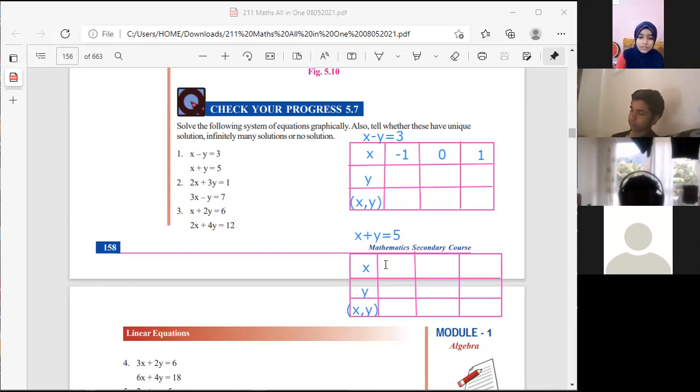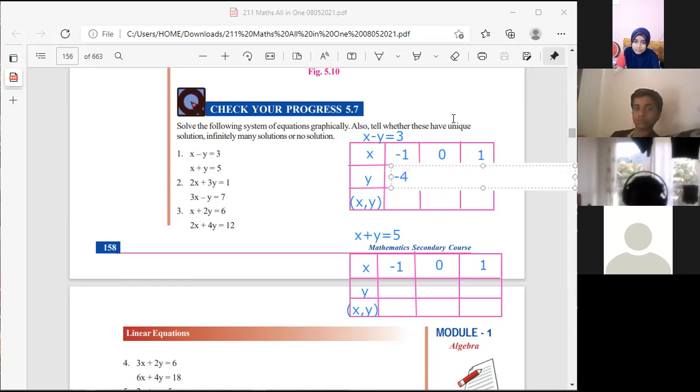I will take -1 here, also 0 and 1, and then I will try to find the y coordinates. So -1 minus y is equal to 3. So minus y is equal to 3 plus 1, so -4. Will I get y as -4 here?